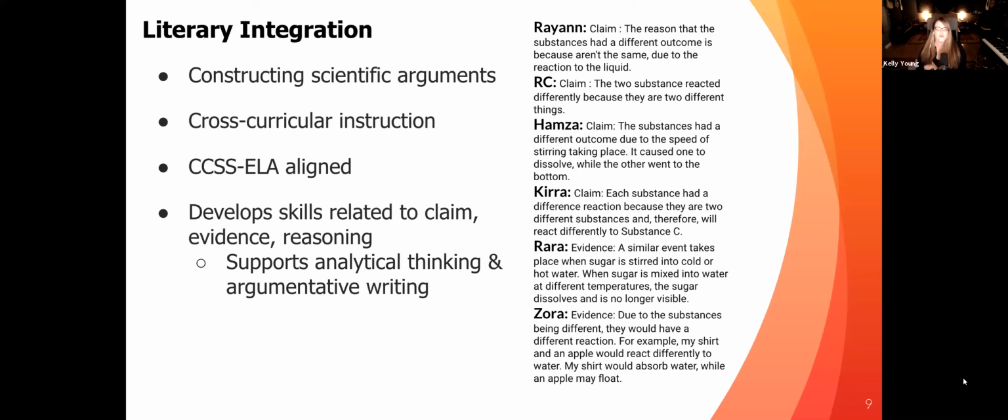Because of that, the skills that these kids are developing relate perfectly to claim, evidence, reasoning, which is what we expect kids to do in fourth and fifth grade, which is analytical thinking and argumentative writing, where we want the kids to create a statement that answers the question, go back in, pull evidence, usually in the form of textual statements, and then pull reasoning.